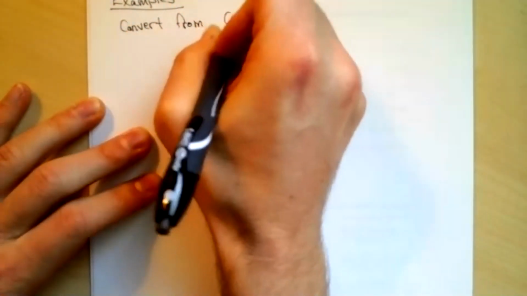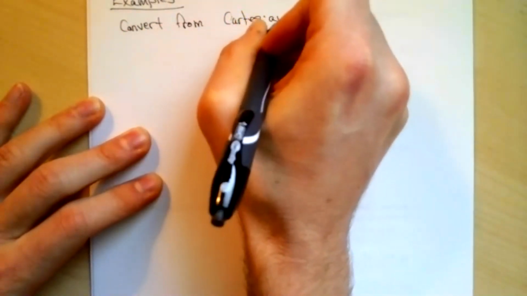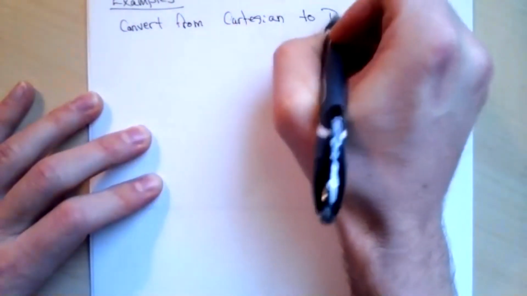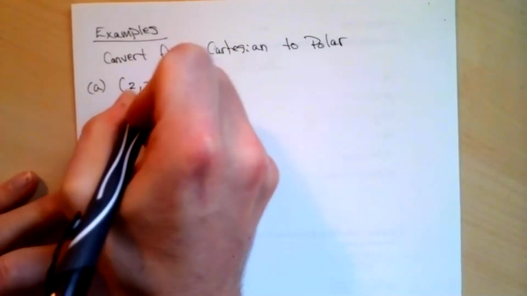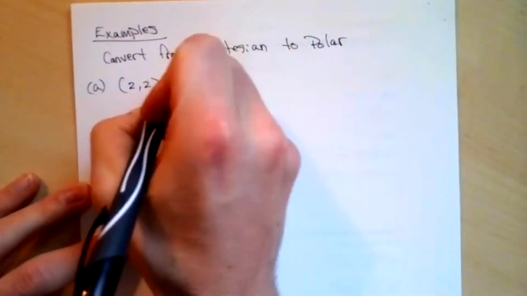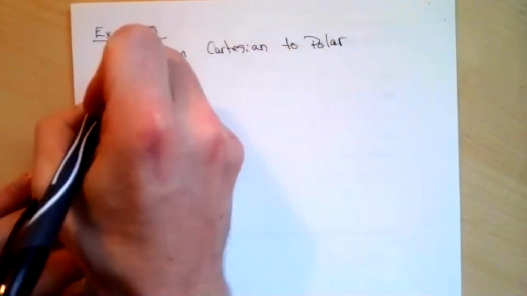So some basic examples. Let's say convert points from Cartesian to polar. This is going to be very much like unit circle stuff you did in pre-calc. So if we have the point, say 2, 2, and usually it's pretty clear.